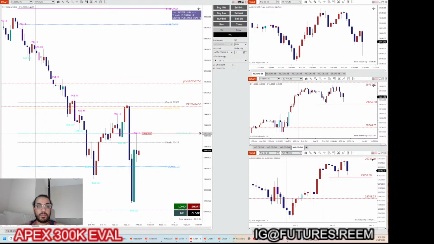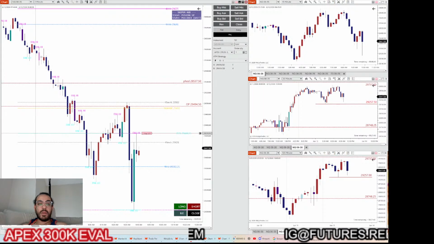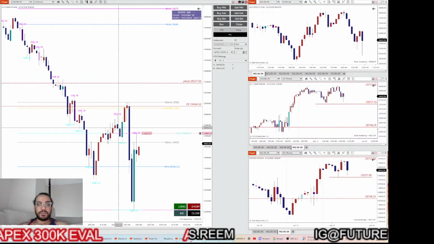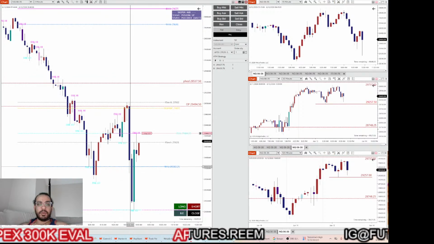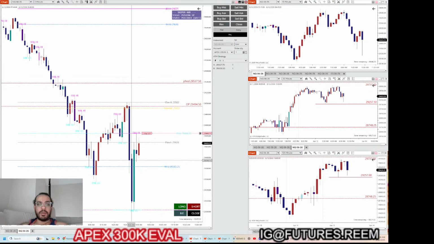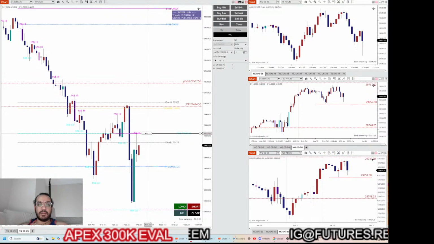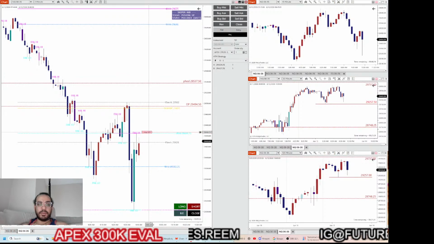Order submitted. The reason why I like this entry long here is because we pushed down, we failed to go lower, we got back over the hourly low, still rejecting that 15-minute low.